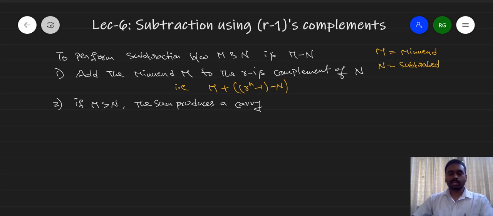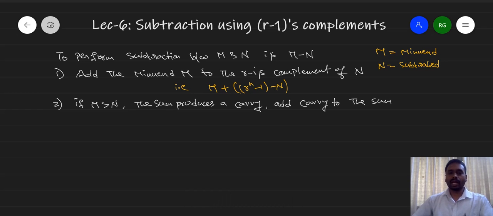I will define what a carry is after this point. So if my m is greater than n, the sum produces a carry, and that carry is again added to this sum.